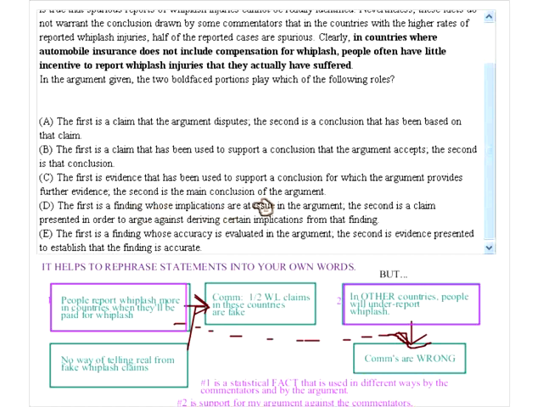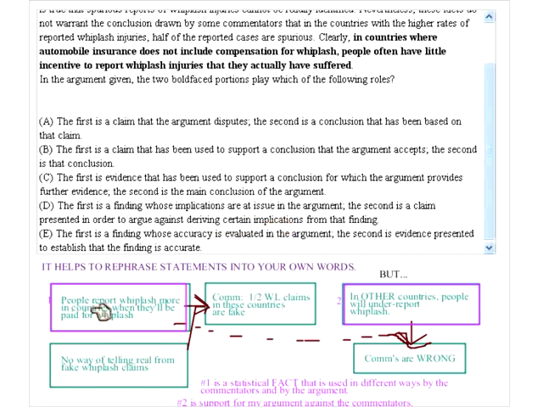So that's another reason to rule out B and C, because the second is not a conclusion. D: the first is a finding whose implications are at issue. That seems to fit, because at issue means we're arguing about what it means. They use it to support this, I use it to support that. So that's true. And then the second is presented in order to argue against deriving certain implications. Okay, this is used to support my argument against that argument. So that's pretty good. The first is a finding whose accuracy is evaluated, except it's not.